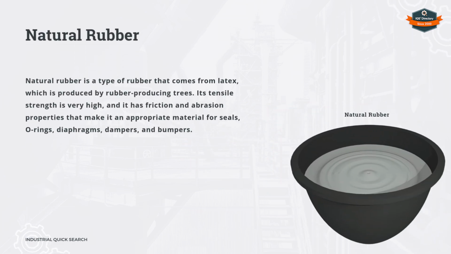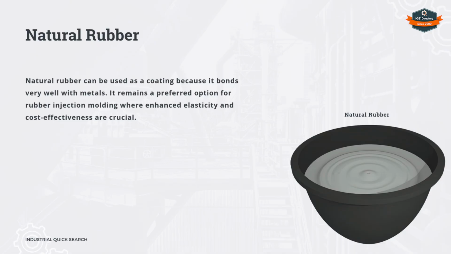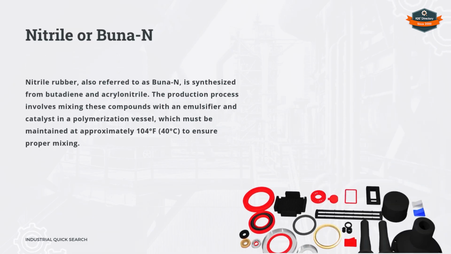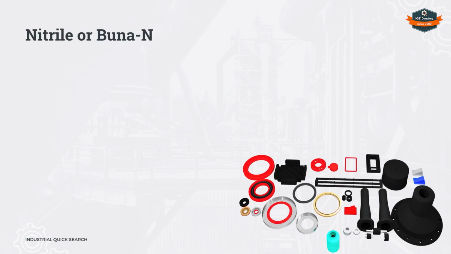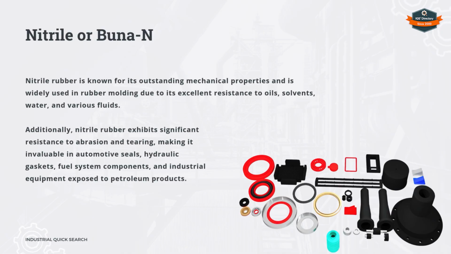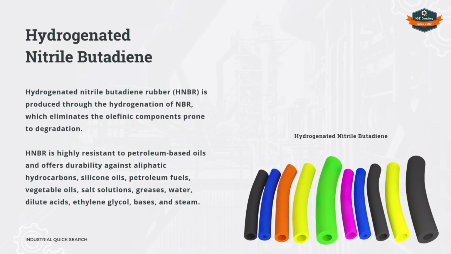Natural rubber. Nitrile or Buna-N. Hydrogenated nitrile butadiene.